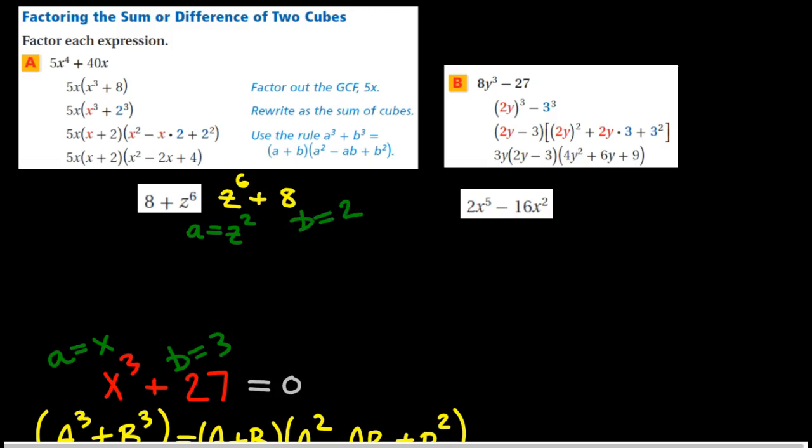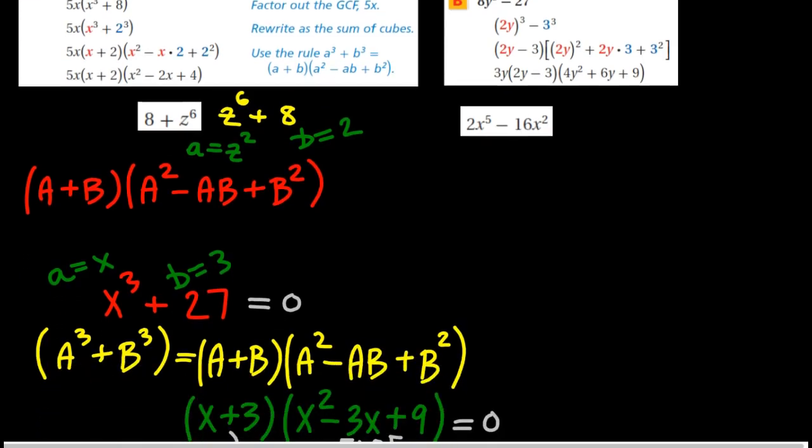All right, so now when we do this, the sum of cubes again, we have a plus b times a squared minus ab plus b squared. And I write the identity out every time just because I get a better feel for it and I start to remember it.